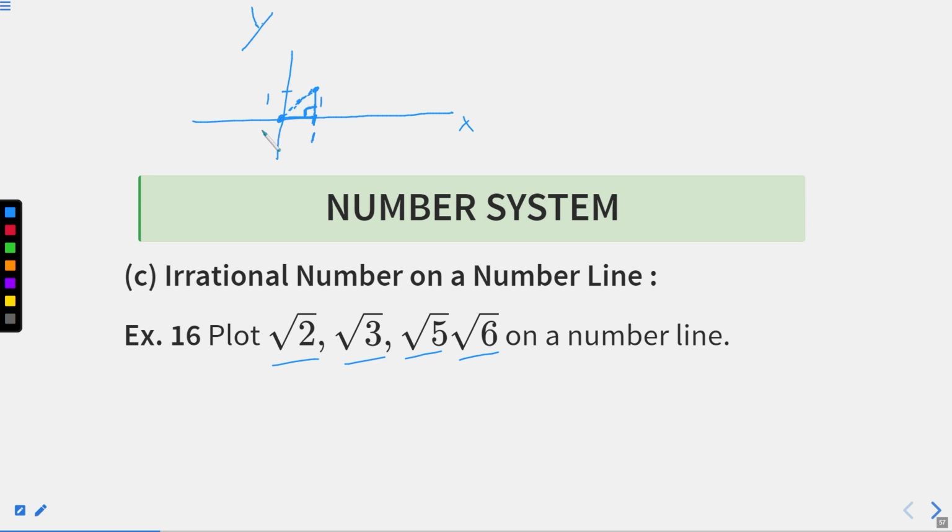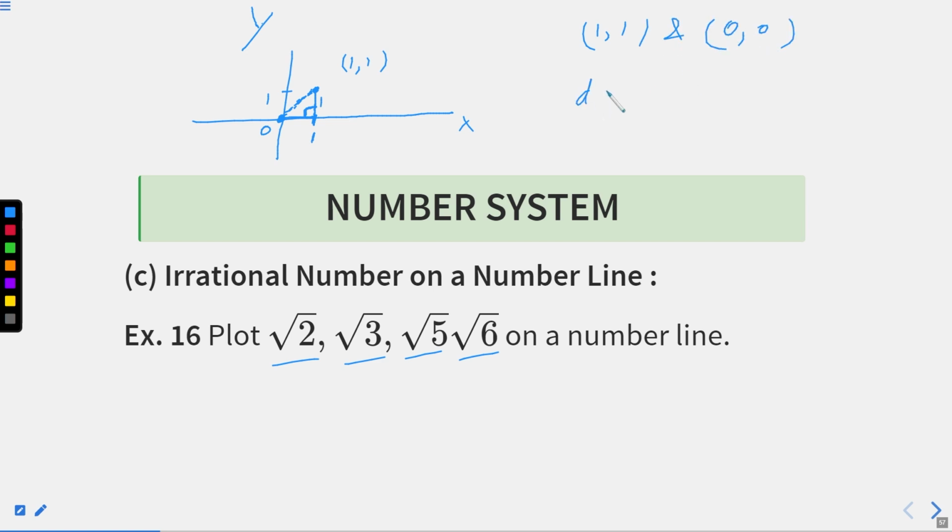here is the origin, the 0, 0 point, and this point is 1, 1. By the distance formula between any 2 points, we have 2 points 1, 1 and 0, 0.